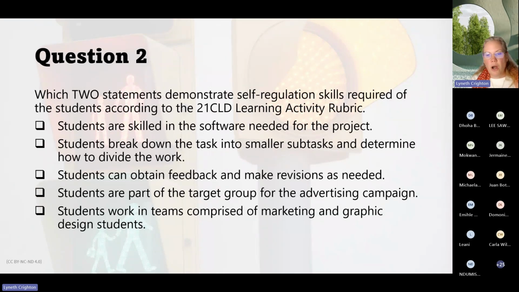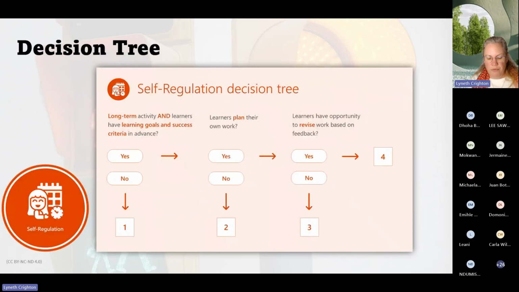They are part of a target group for advertising, and they work in teams comprised of marketing and graphic design students. So the two skills that they need to demonstrate self-regulation is that they divide it into smaller tasks, and they decide who does what, and they get feedback and make revisions as required.